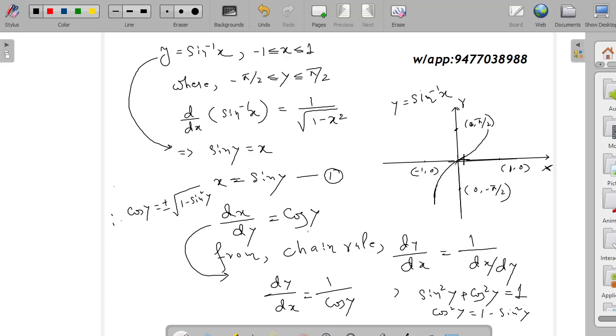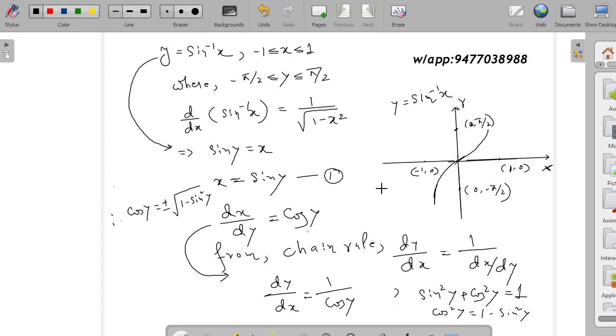Now if we look at the graph of this function, we can see that the slope, that is the gradient of sine inverse x, is positive throughout. So this is one reason why I should take a positive sign and not the negative sign.